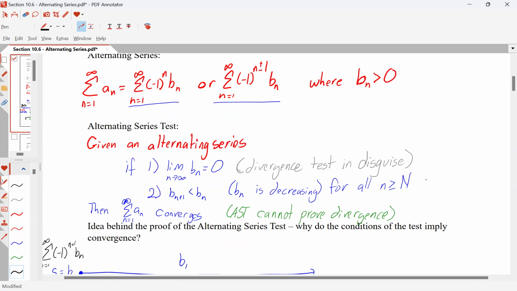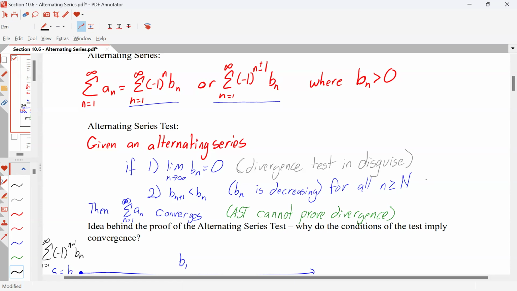Look at that b sub n. If the limit of the sequence b sub n goes to 0, and the sequence b sub n is decreasing, this means that the alternating series a sub n will converge.